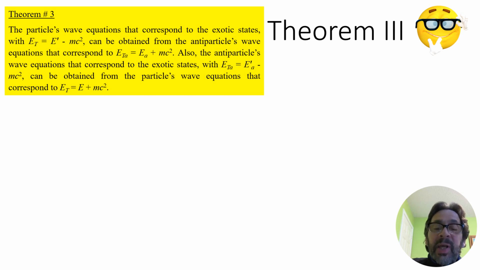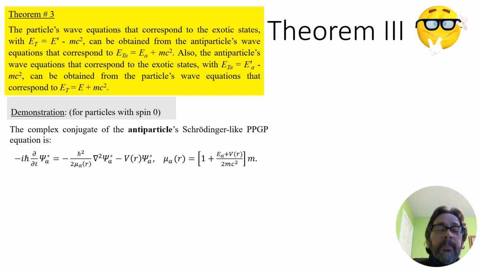Therefore, we will start by giving the demonstration for particles with spin 0. That is simple. Demonstration for particles with spin 0. The complex conjugate of the antiparticle Schrodinger-like PPGP equation is the equation shown below.